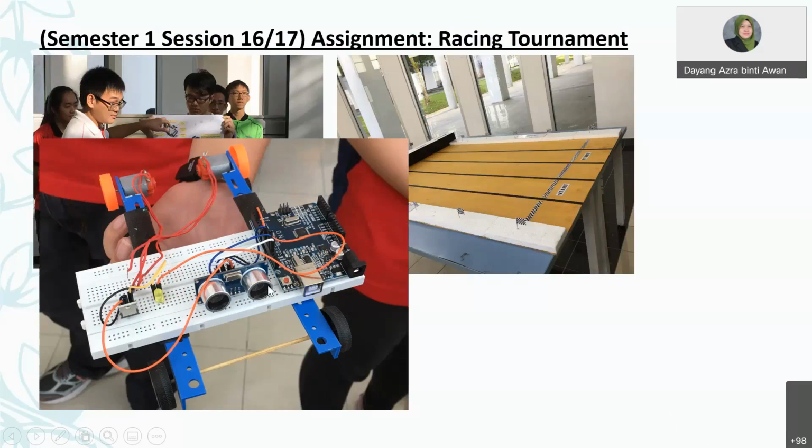This is what we call the IR sensor untuk Arduino. Kalau you tak guna this one, normally this is called the ultrasonic. Dia lagi sensitif daripada yang macam LED tu. This one dia akan connect directly to you punya Arduino. So you have the circuit, and then this is you punya motor.